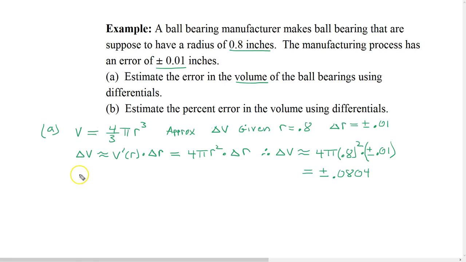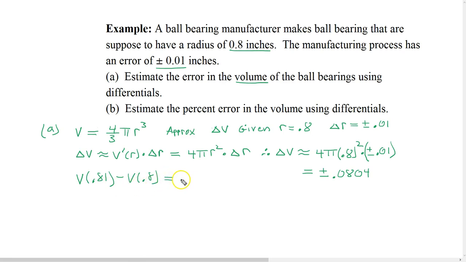And just take note of something. If you did evaluate V of 0.81, that's 0.8 plus the positive error, 0.01, minus V of 0.8, this will give you your actual change in volume, your maximal change in volume.